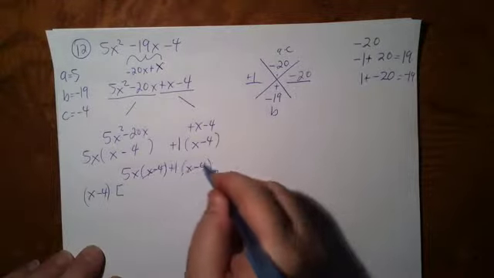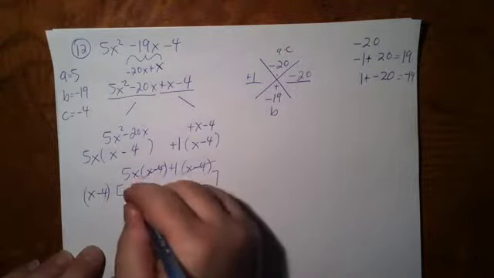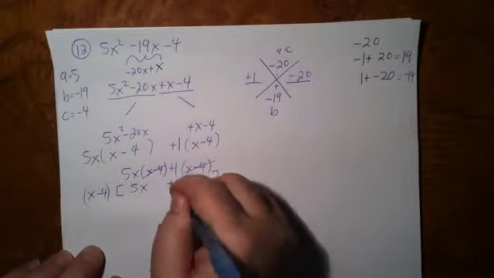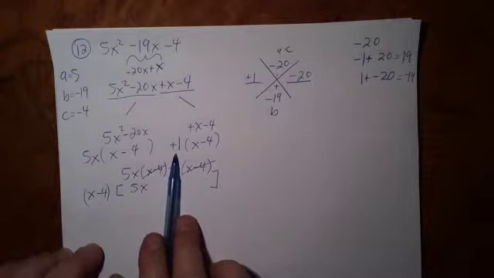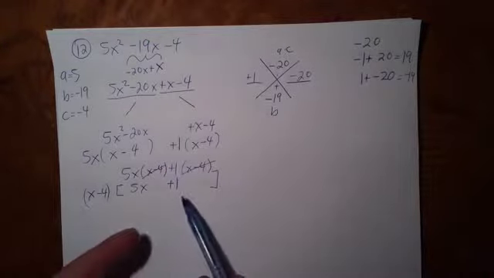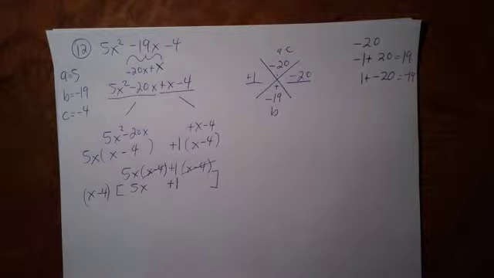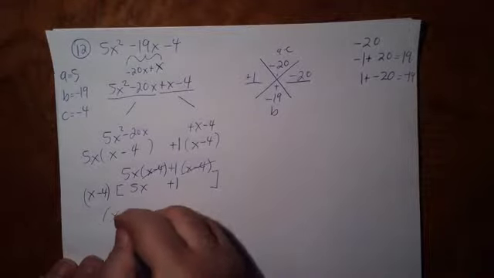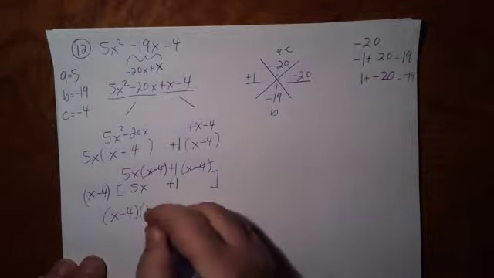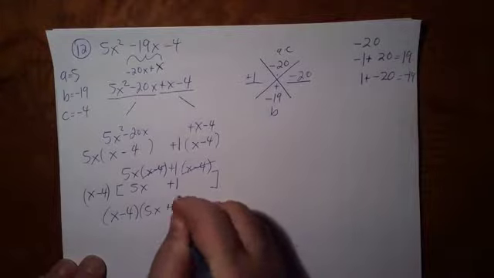And in doing so, I'm going to be left with 5x plus 1. And this is why it's really important to put that plus 1 as a factor, because you need something to put here in order to get it back later if you were to multiply the binomial factors together. So we'll have x minus 4 times 5x plus 1.